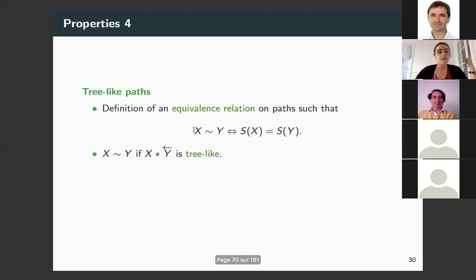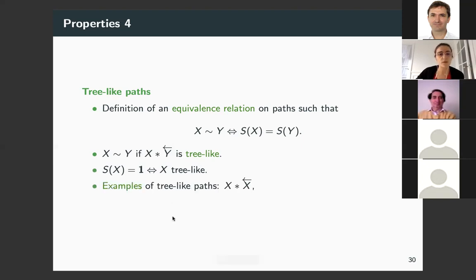They say that two paths X and Y are equivalent if the concatenation of X with Y backwards is tree-like. I won't give the exact definition, but tree-like is basically an analytic condition. And this is the same as saying that the signature is 0 if X is tree-like. So what's a tree-like path?